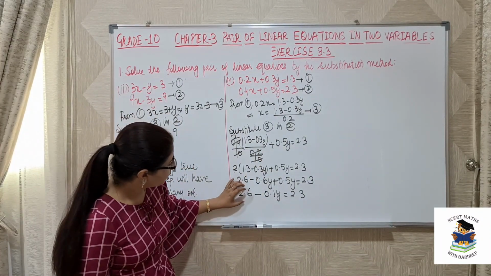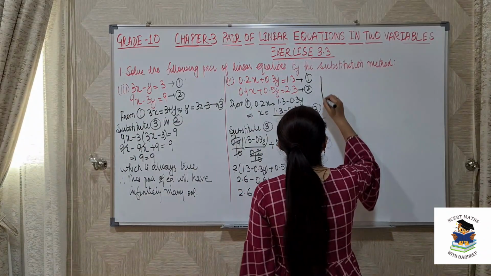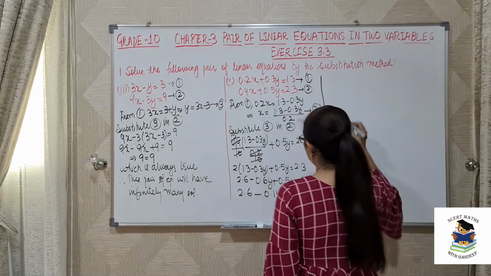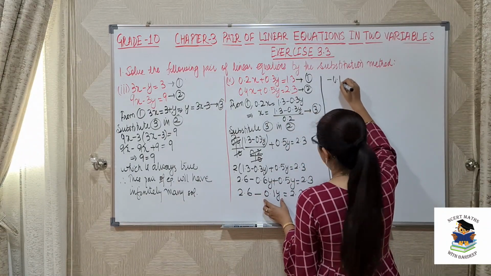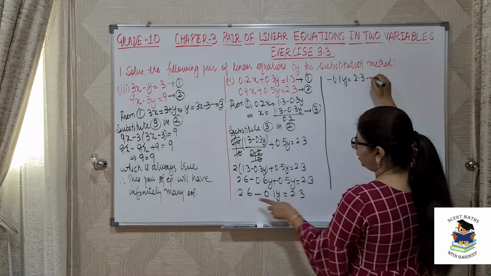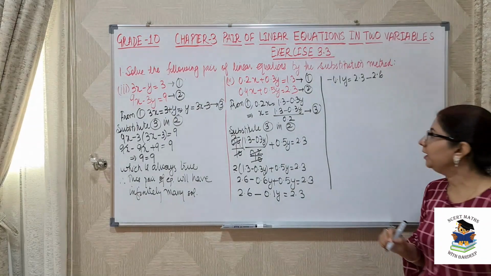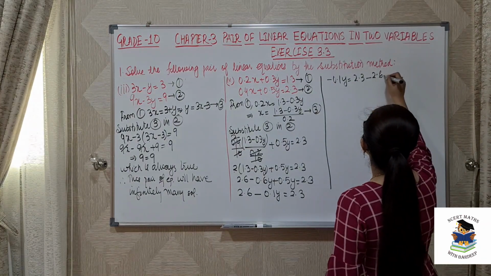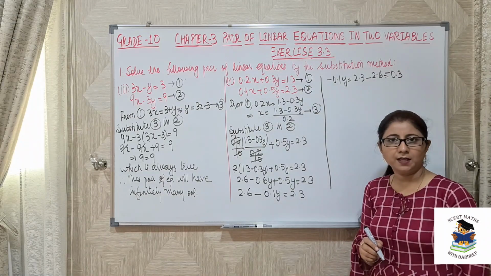Okay. So now shift this number part to the other side. This is shifted. This will be left on this side. That is minus 0.1y is equal to 2.3 minus 2.6. Okay. So 2.3 minus 2.6 will give me 0.3 but with minus sign.